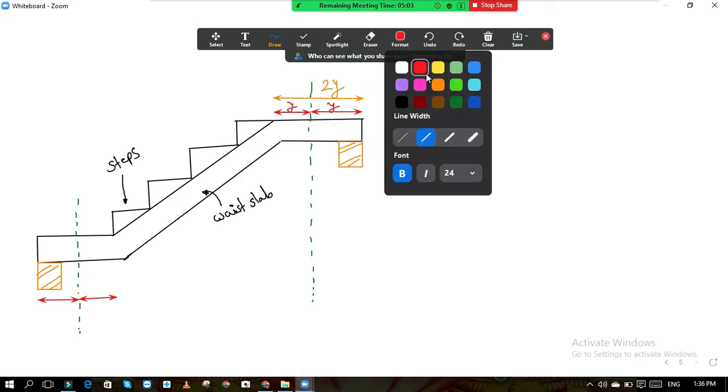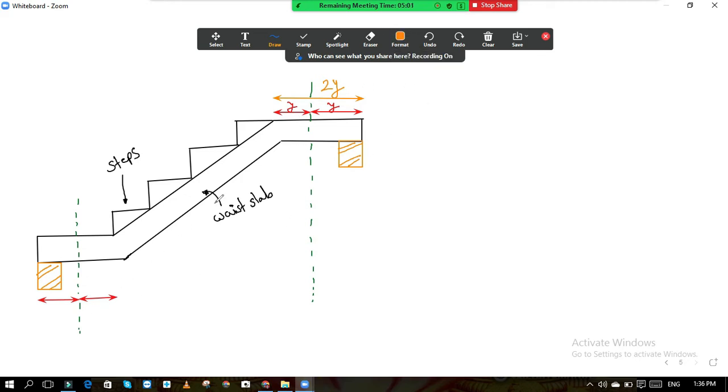Same is the thing for the slab below: if you consider this total as 2x, then this is x, this is also x, this is also x, and this is also x.